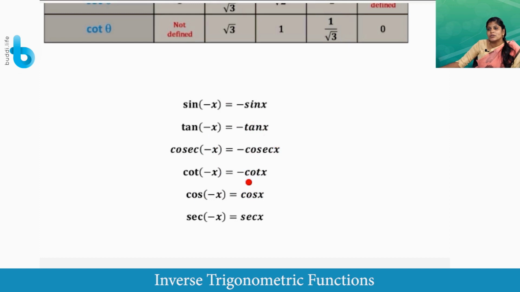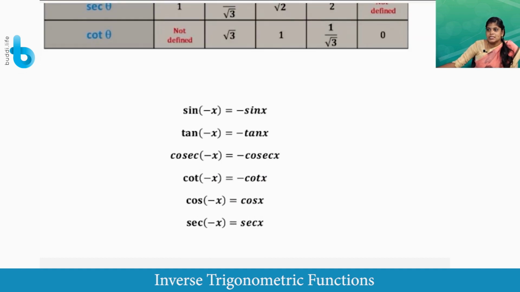See, all these values except cos and secant will have minus in their values. This also I hope you have already learnt in your previous classes.